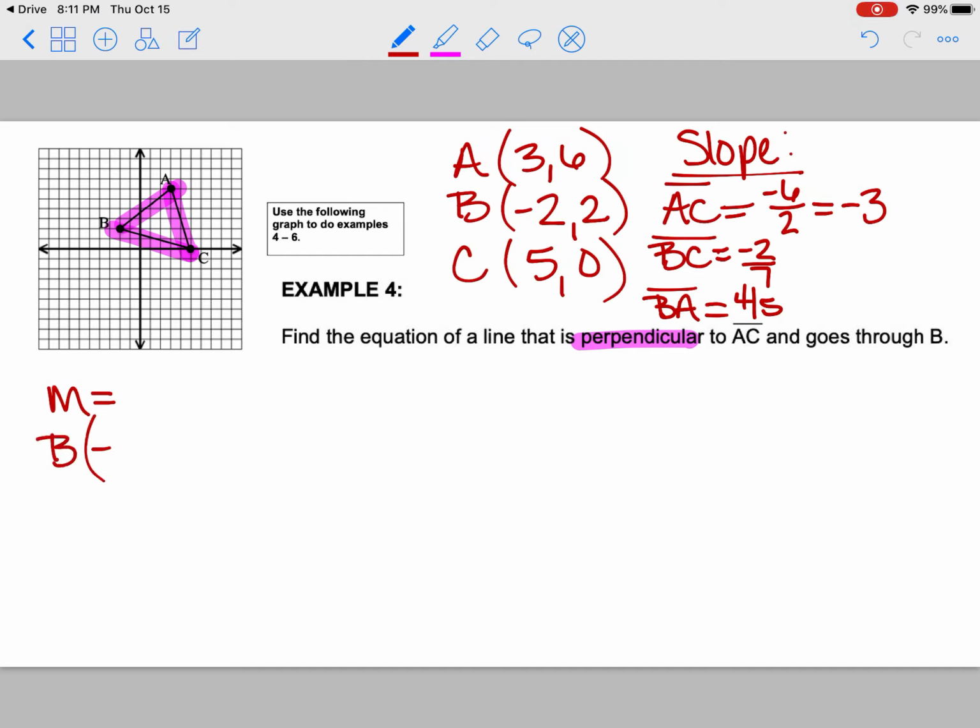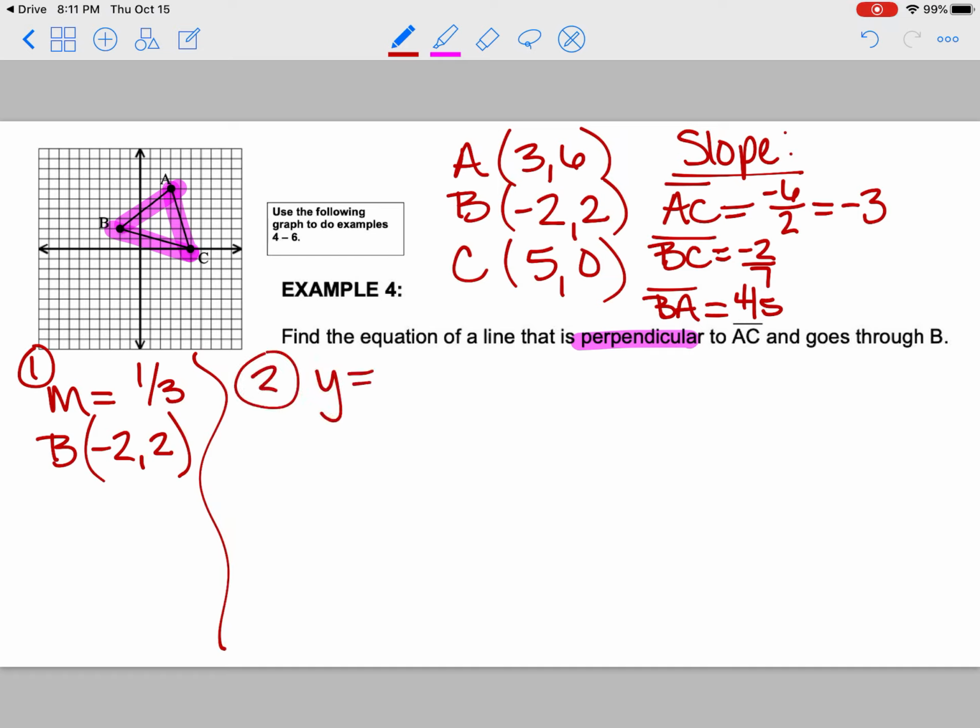And so we know the point given is B, -2, 2. The slope for AC is -3, but the perpendicular slope would be 1/3. Okay? Remember, we do the opposite reciprocal. Flip it, change the sign. So that's step one, to always get that part found, your slope and the point that it's going through.